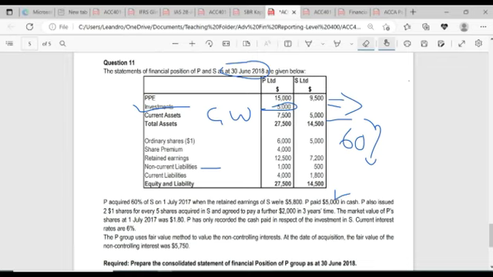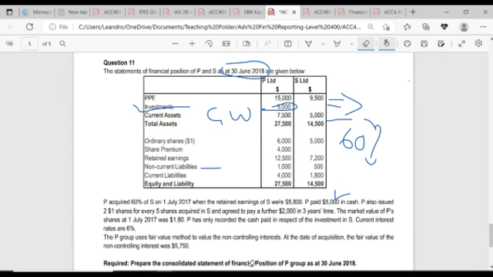You have to do that. All equity items must stand out, and you will introduce NCI right after retained earning, before non-current liability. These things you have to learn and master them.